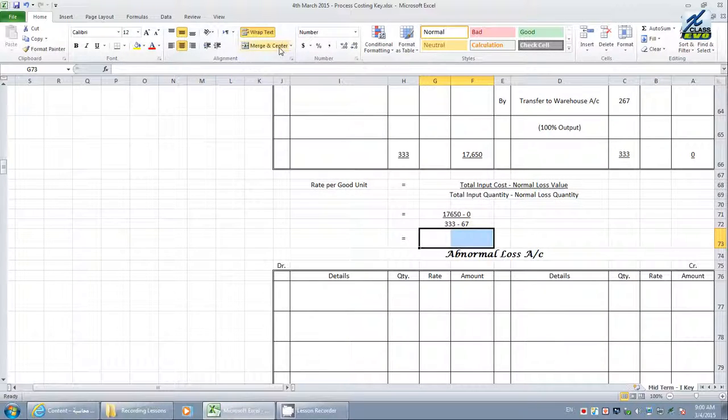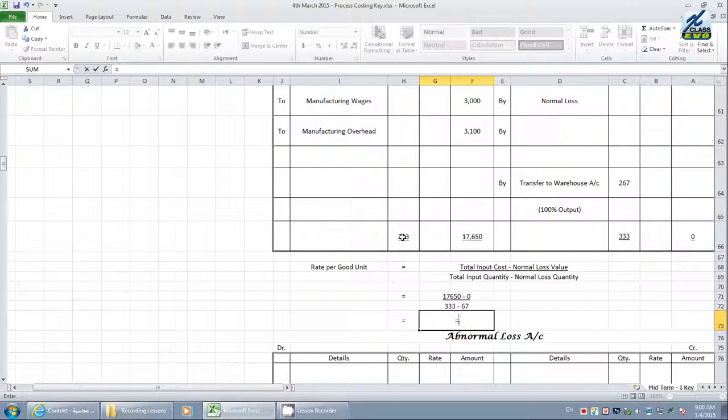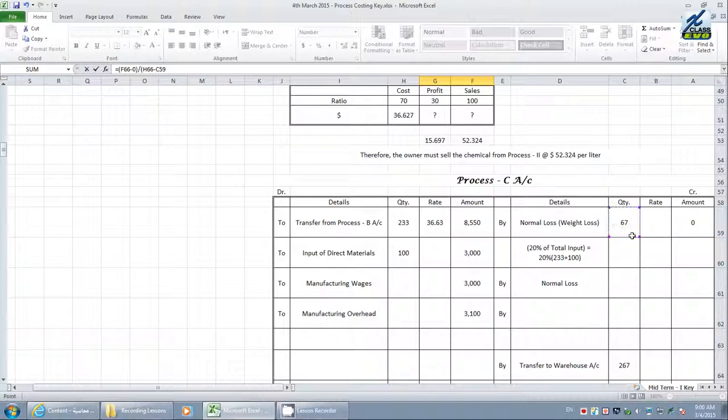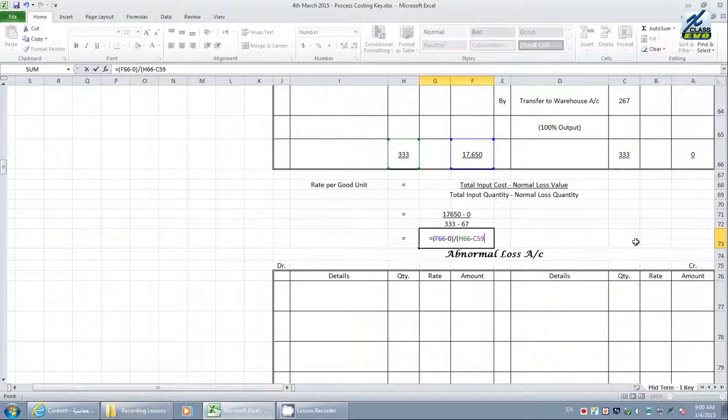Then next, let us see how to calculate the value. Here the total input cost is this. I would like to use the formula bar to make it easy for you. The total input cost minus normal loss value of 0, I close the braces, divided by the total input quantity, and I open the brackets: total input quantity minus normal loss quantity.